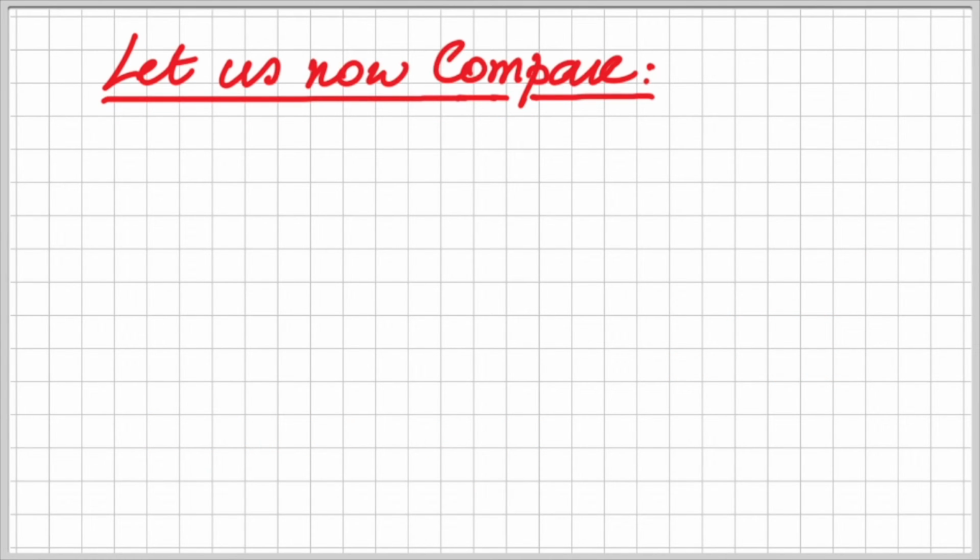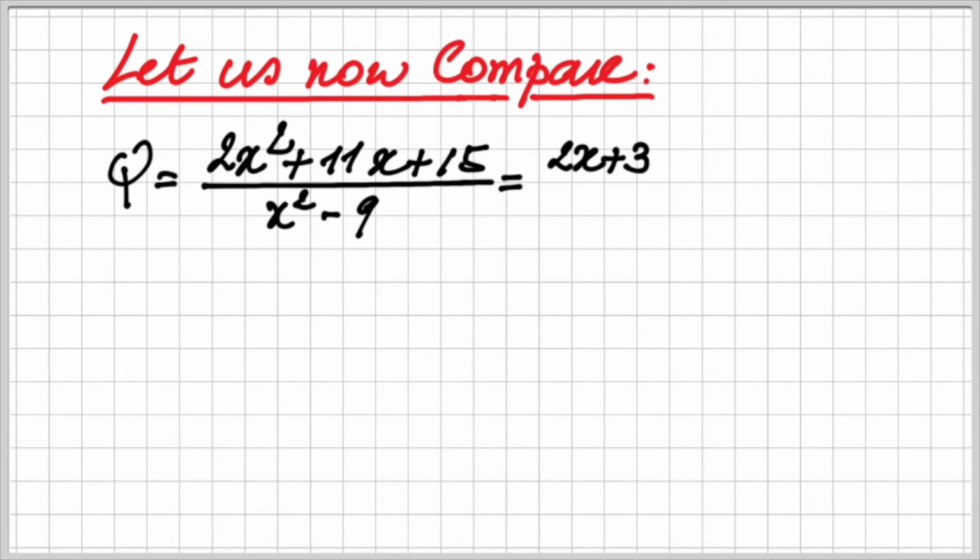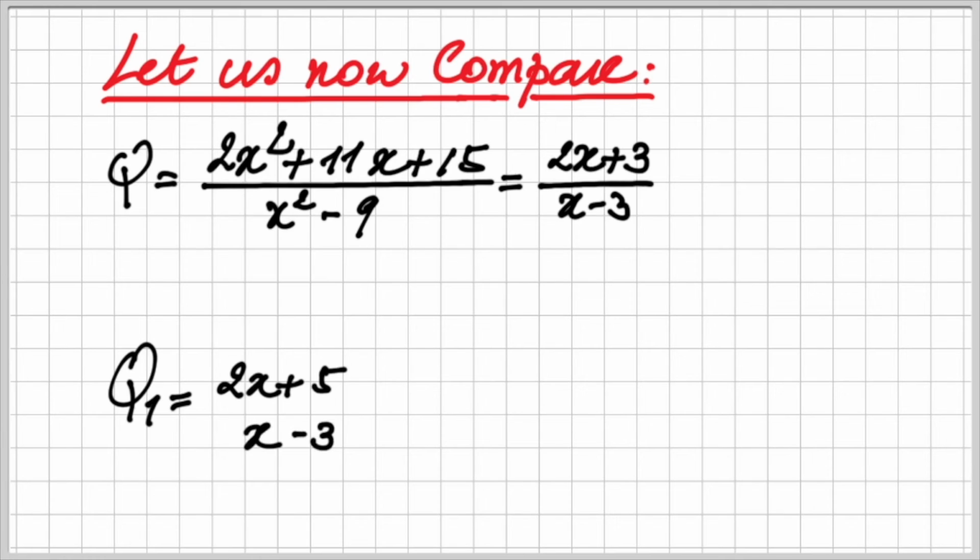Now, when we look at the comparison of those two divisions, we had the first one, 2x squared plus 11x plus 15 divided by x squared minus 9, where we found as a final result 2x plus 5 divided by x minus 3. And we have q1, 2x plus 5 divided by x minus 3.